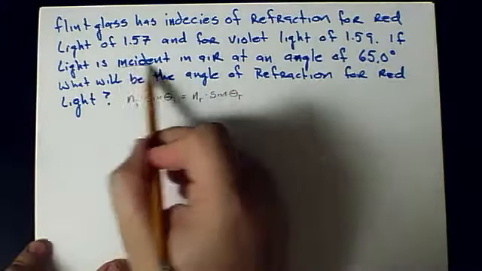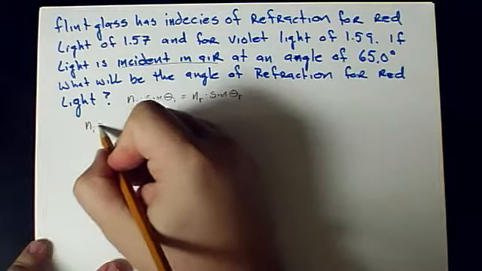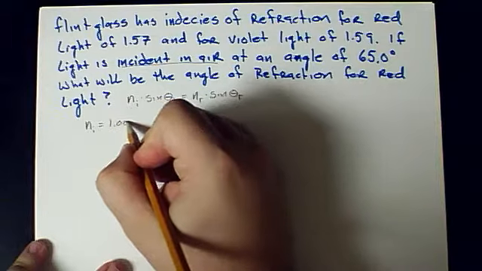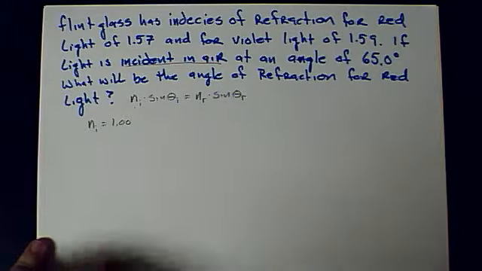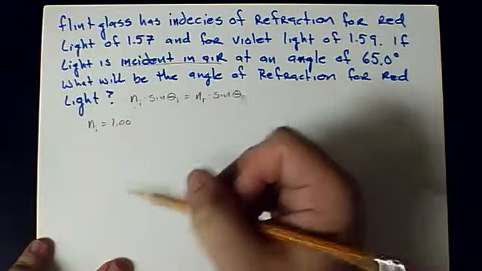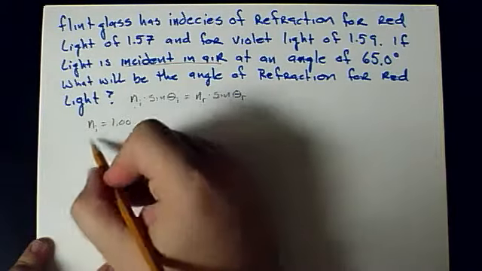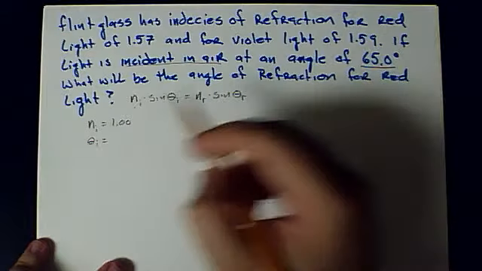So, it tells us that it's incident in air. So, our index of refraction for air is 1. That's just something that we know. Index of refraction for air and a vacuum are 1. Air, it's actually 1.0003, but we're going to round it to 1 because it's close enough. The angle of incidence, it tells us, is 65 degrees.